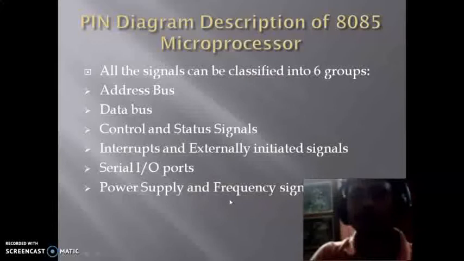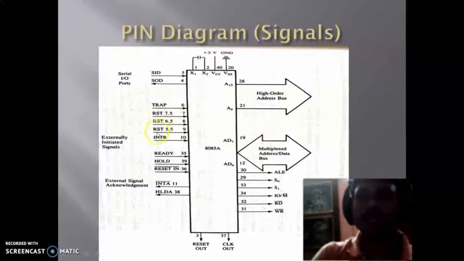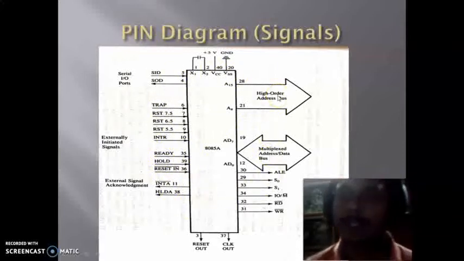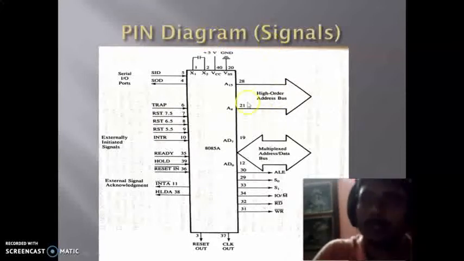Now, if the pins are classified into six different categories, the signals can be drawn into a picture. Here we are seeing that the address bus is divided into 2 parts, higher order address and multiplexed lower order address data bus.